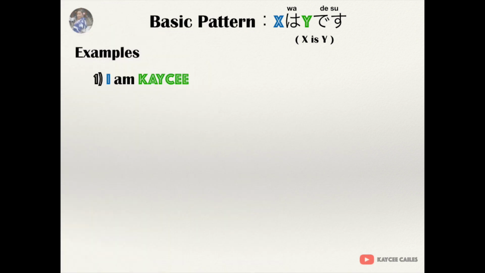First, I am Kaycee. So first, we will identify our X or topic, which is I, and the Y or our comment is Kaycee. I in Japanese is watashi. Kaycee in Japanese, we pronounce it as Keishi. On a side note, the name Kaycee is not written in hiragana, but rather in katakana.